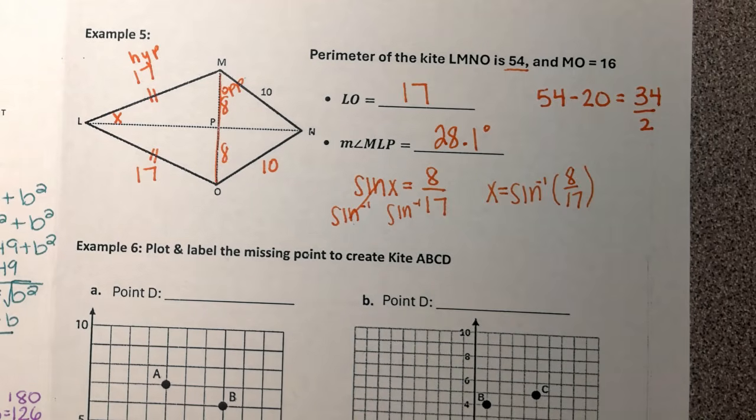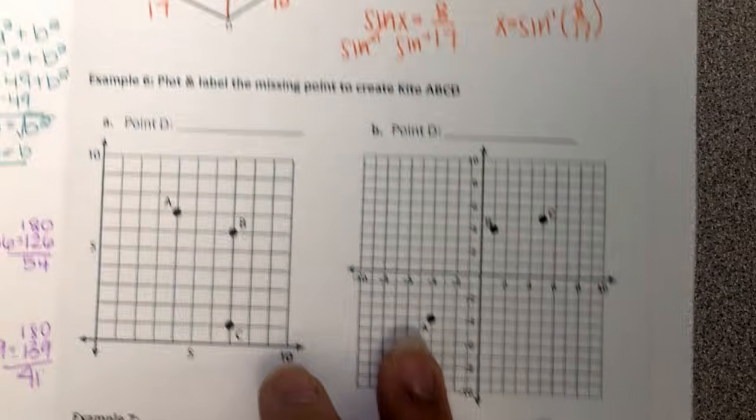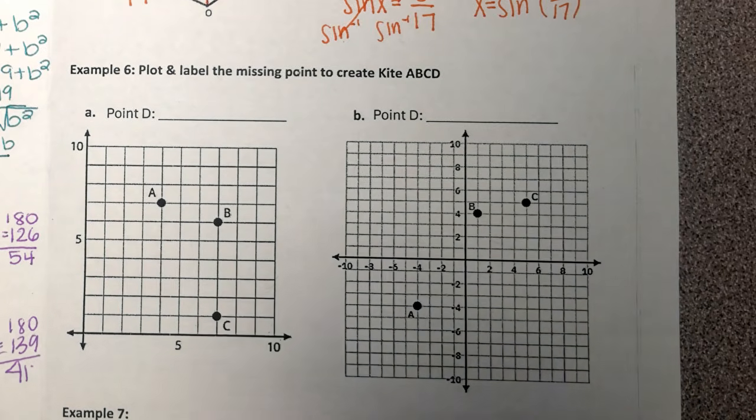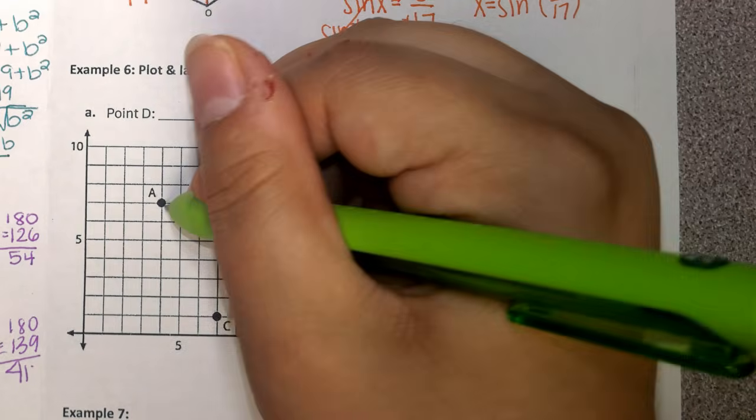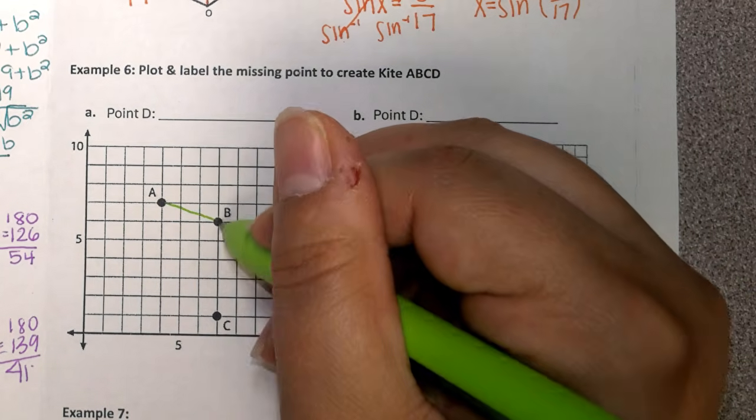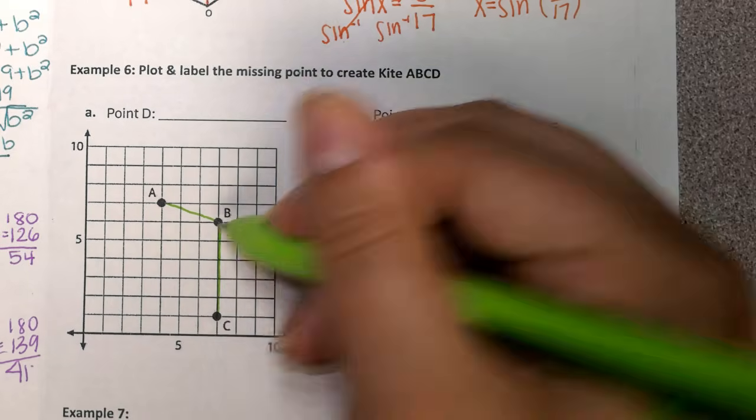Number 6. This is something I asked last period, and I'm like, how'd y'all get the answer? And they're like, I just looked at it. I'm like, yeah, but what did you do? Okay, I get that you're looking at it, but you are doing some type of mathematical process. So if you have A, B, and C, I'm going to connect A to B and B to C. How do I get D?